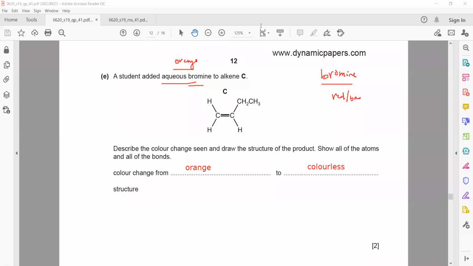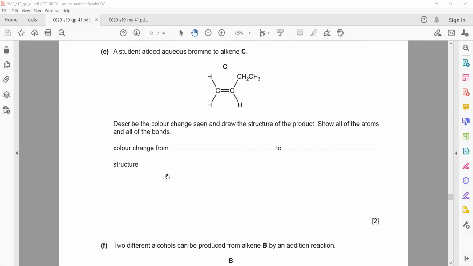And what about the structure? When the alkene reacts, you draw the same structure, and the bromine is added to it. So you can draw the structure in the same manner, but break the double bond. As the double bond breaks, one bromine is added to the first carbon which had the double bond, and the second bromine is added to the second carbon.